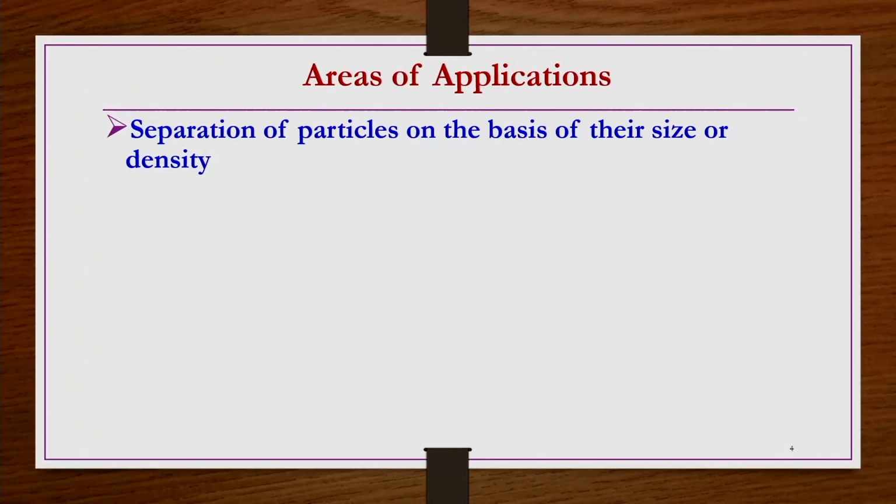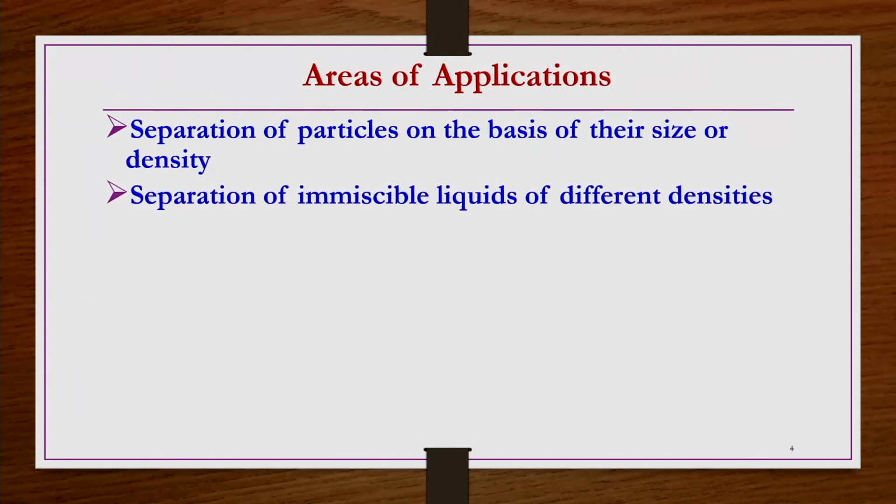Now, the applications. There is a large number of applications available for centrifugal separations, or separation using a centrifugal field. One is separation of particles on the basis of their size and density, and then separation of immiscible liquids of different densities. Sometimes there may be immiscible liquids, let us say from the oil industry, from vegetable seeds, when you produce edible oils, there are two phases, aqueous phase and oil phase in general.